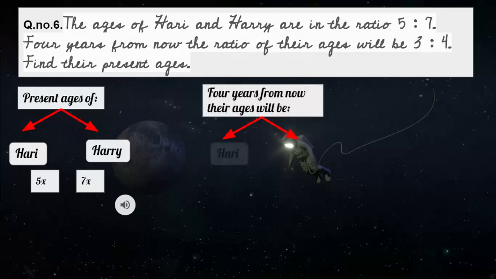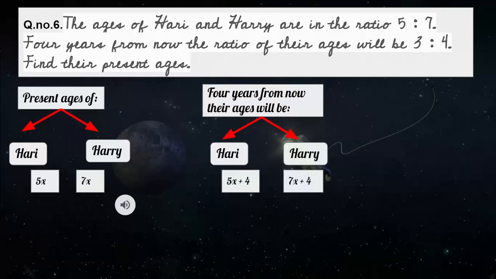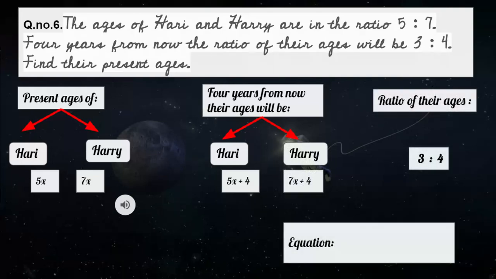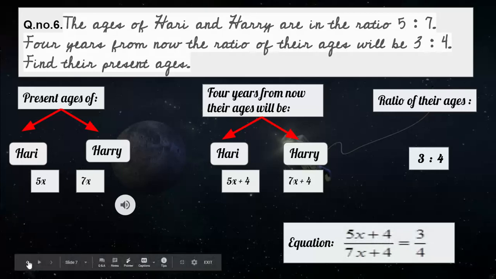So 5x + 4 is the age of Hari and 7x + 4 will be the age of Harry. The ratio is given as 3:4, so we get the equation (5x + 4)/(7x + 4) = 3/4. Now we can solve.